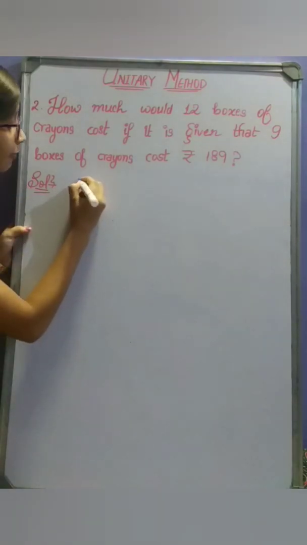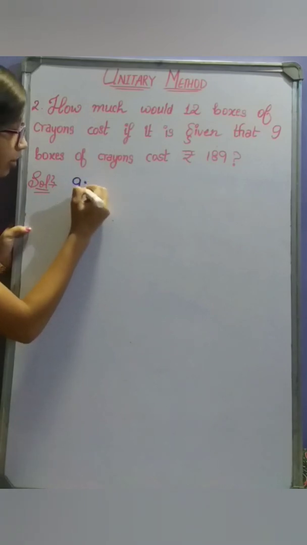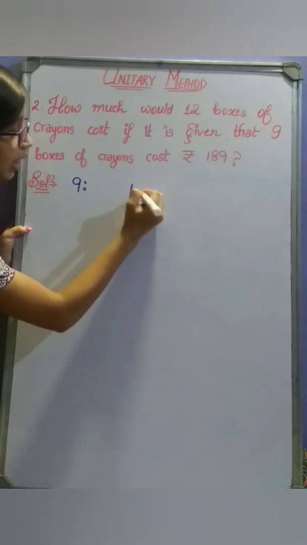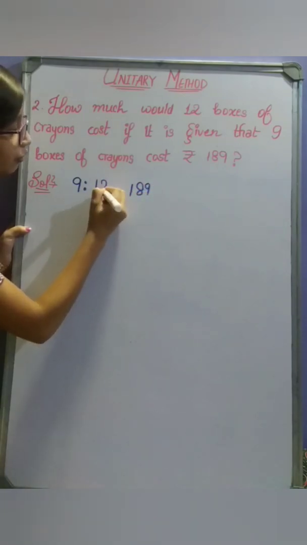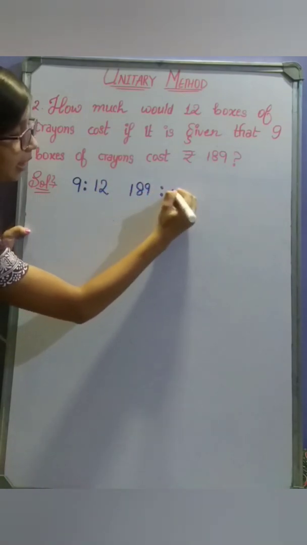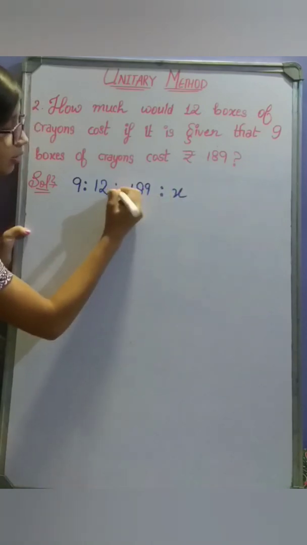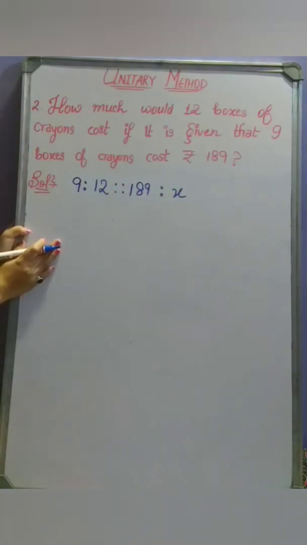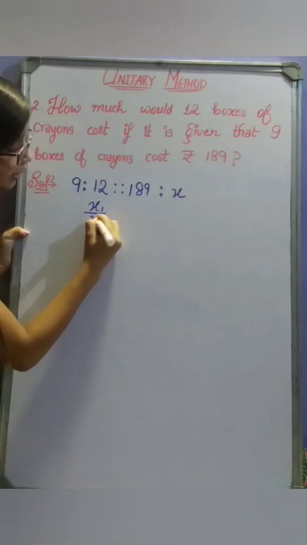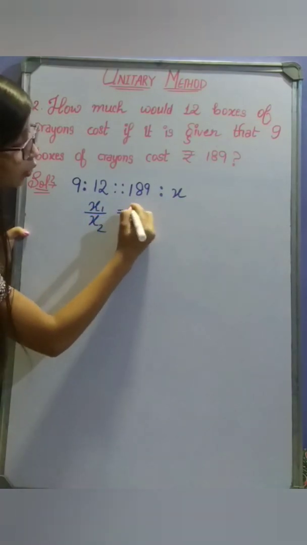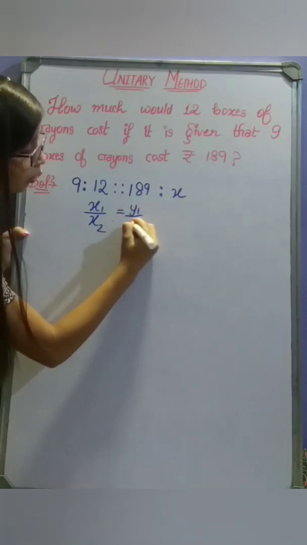So if 9 boxes of crayons cost rupees 189, so 12 boxes of crayons will cost rupees X. So this is the form. Or you can write it in the method like X1 by X2 is equal to Y1 by Y2.